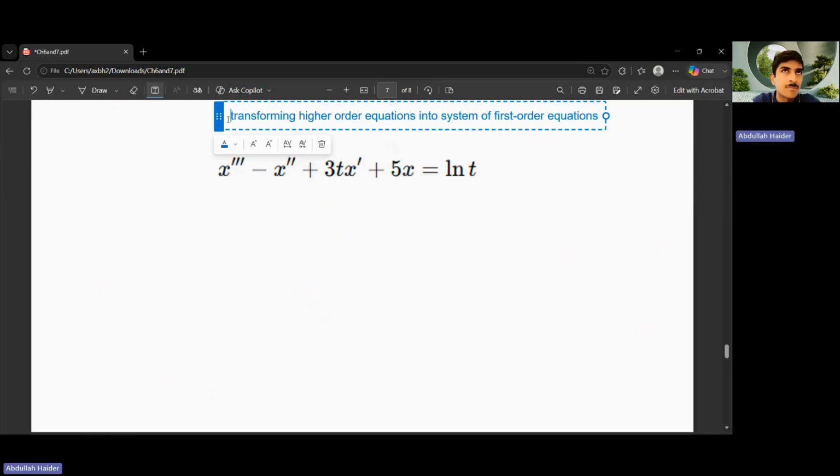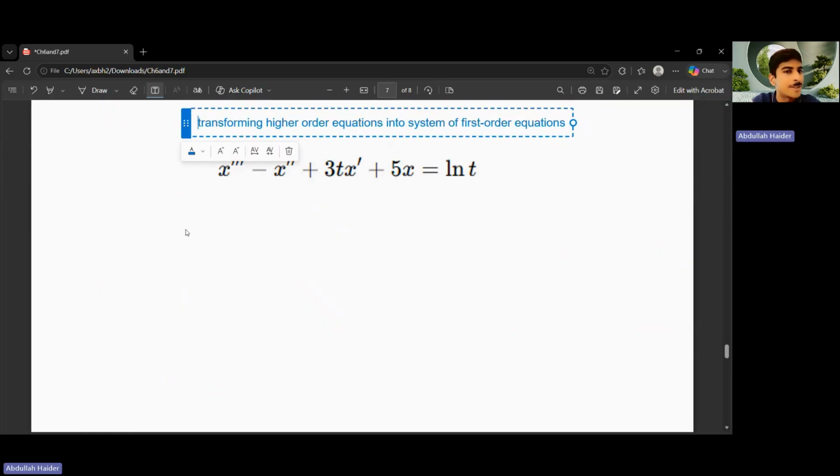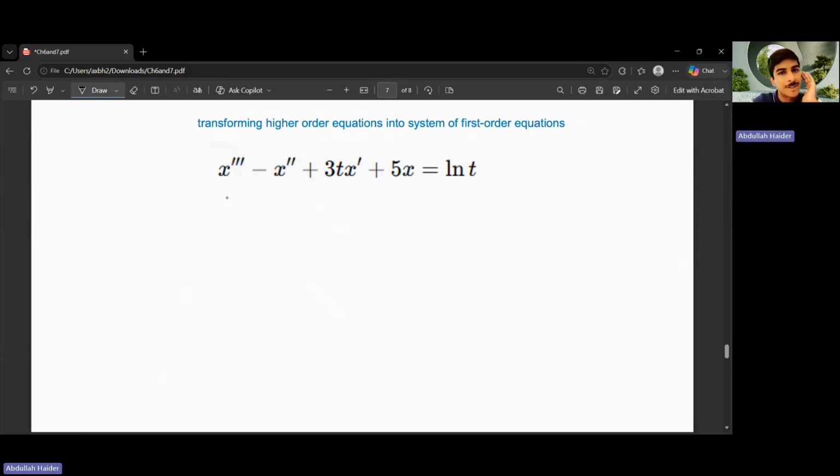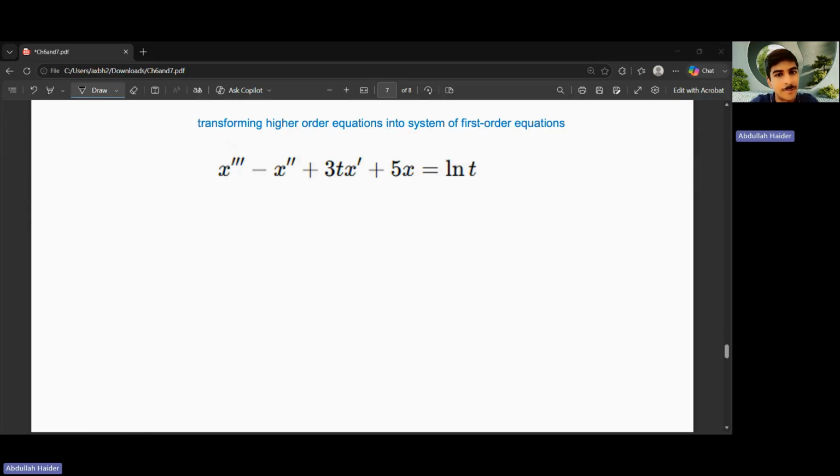Because in the quiz, you can expect this kind of question, but in the final, unlikely. Basically, what you have to do is you need to convert this higher order equation into a system of first order equations. Dr. Khalid would not bring this question, but it could come in the quiz, but unlikely in the final. I still have to teach you how to solve this equation.